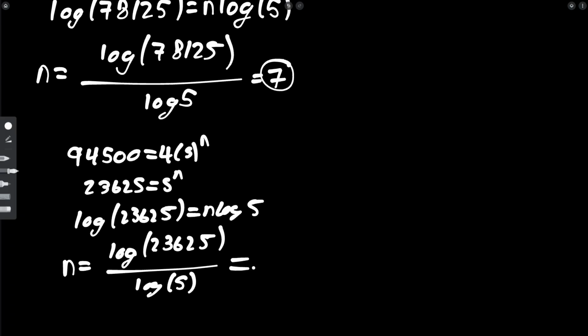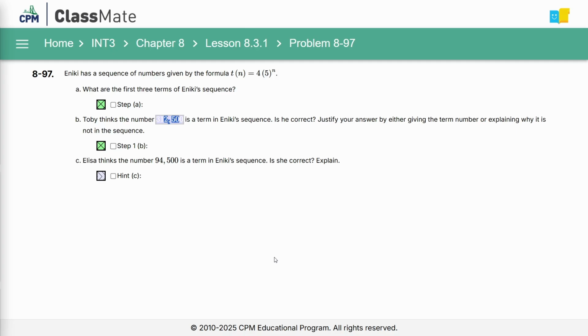Just make sure I've typed this all in, and we get an answer of 6.25 approximately. So this is not part of the sequence because this number here is not an integer. Because it's not an integer, it can belong in t of x, and you would get a value of 6.25 if you plugged that number, but it is not in the sequence here.